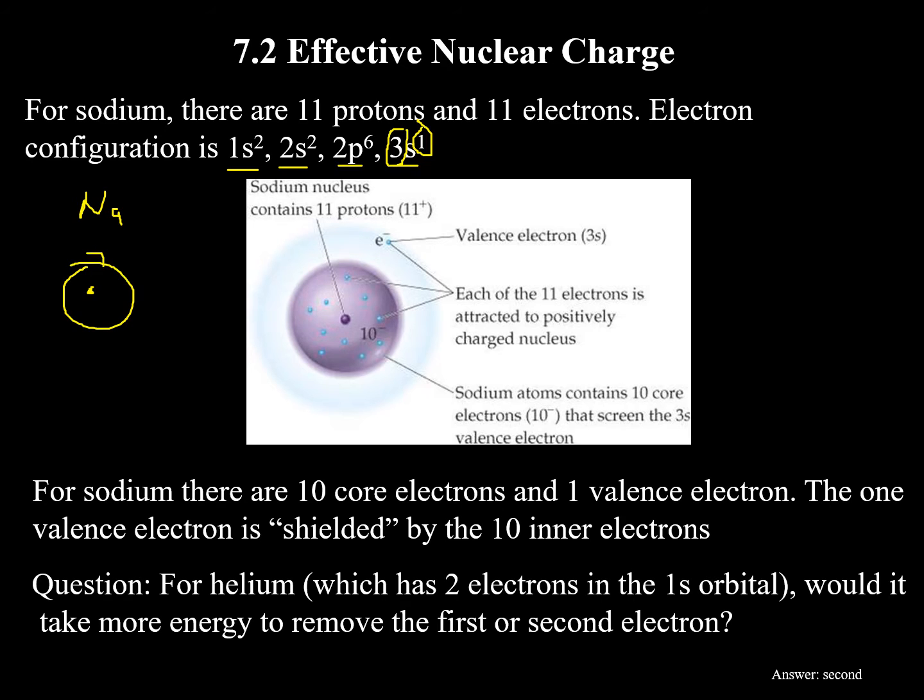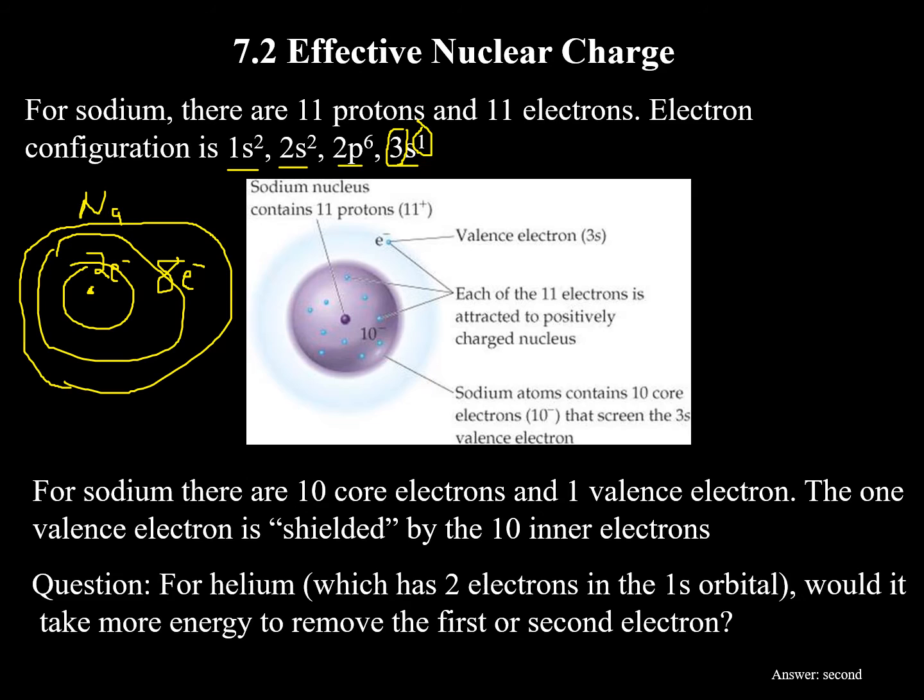We have 2 electrons, followed by 8 electrons, 8, E stands for electrons, and we need 1 more on the outer shell. So 1 valence electron for sodium, and we say it's in group 1A alkali metals. As I just said, there are 10 core electrons, 10 in the middle, and we have 1 valence electron.